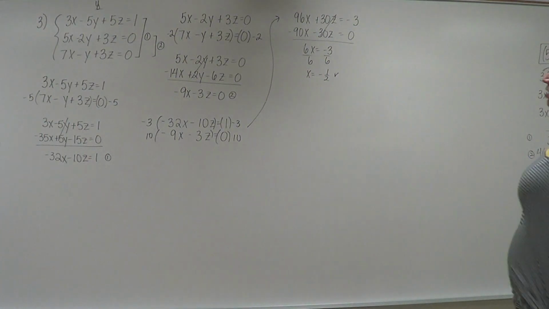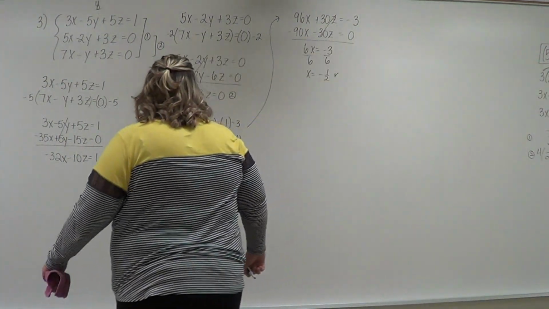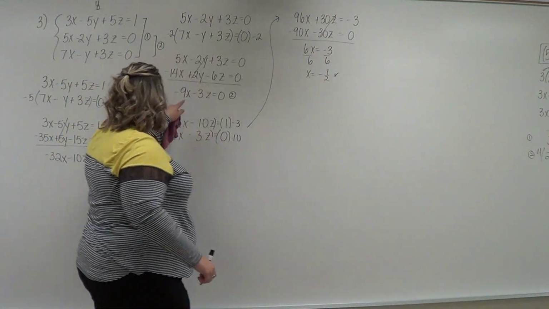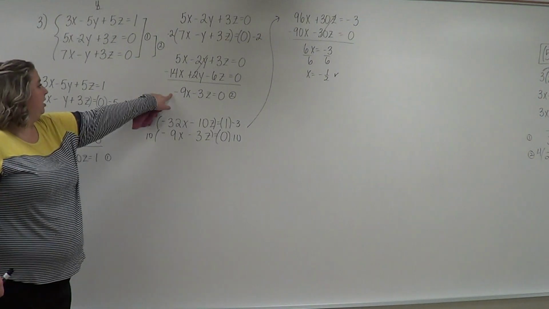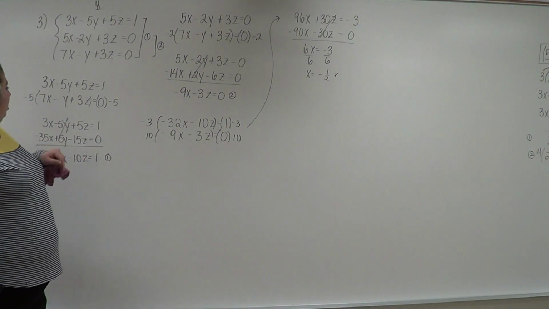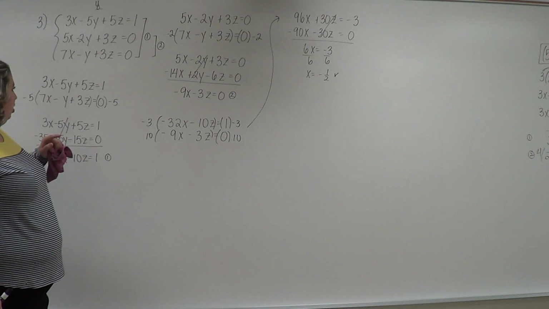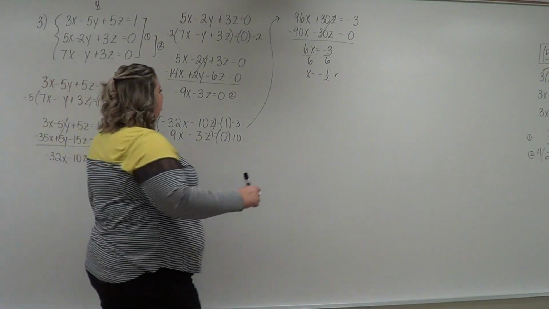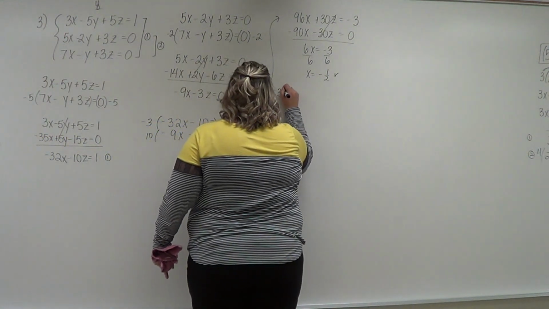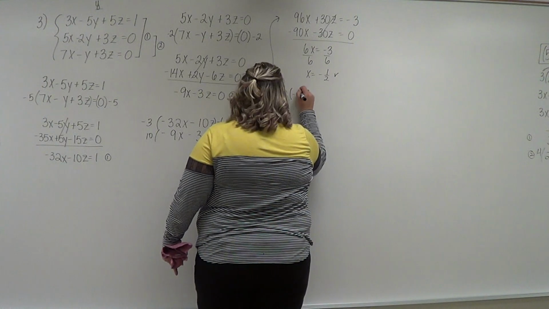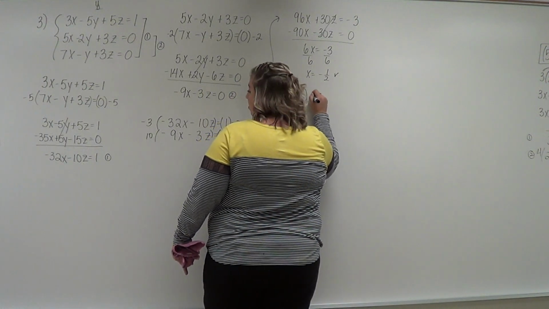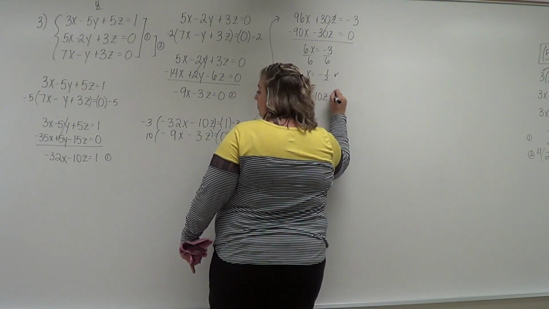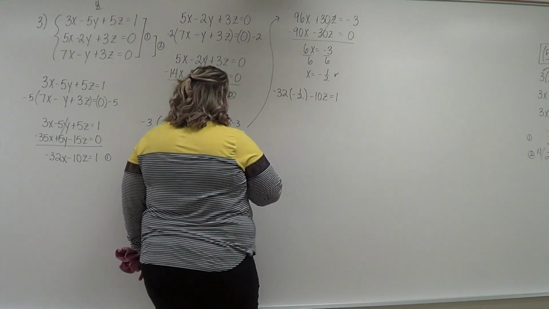Okay, finding the first one's the most difficult. So to find the next one, you're going to take this answer and plug it into one of the two equations that you found with two variables. So I'm just going to go with the first one. So I would have -32 times -1/2 minus 10z equals 1.